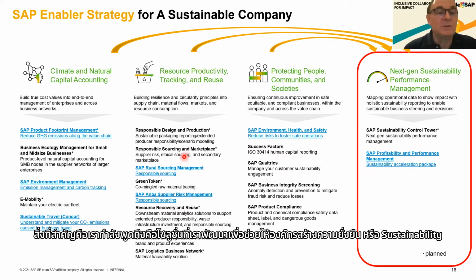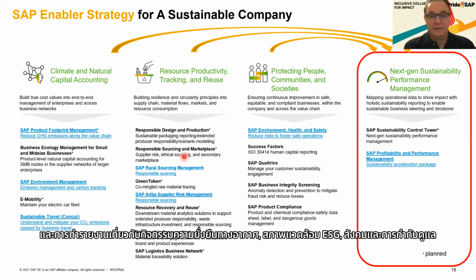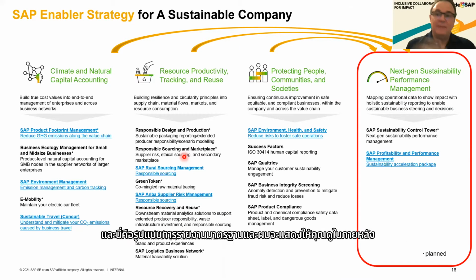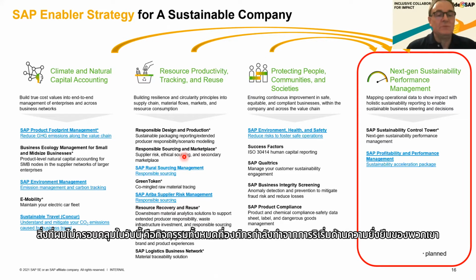What's important to note here is that we're talking about the products that we have to help organizations do their sustainability and report on their sustainability activities, so their ESG: environment, social, and governance. These are standard reporting formats, and I'll show you later. What I'm not covering here is all the activities that an organization is doing from their sustainability initiatives.